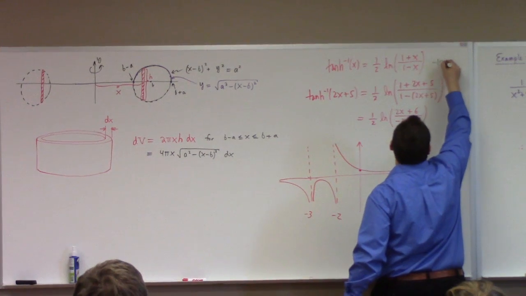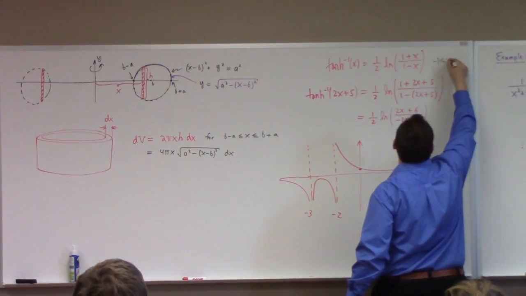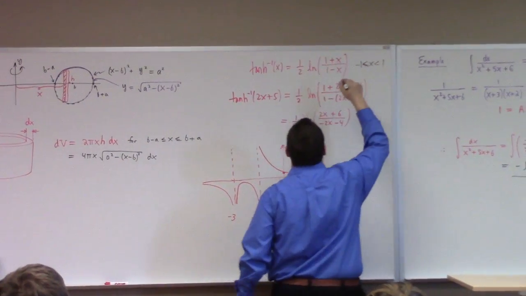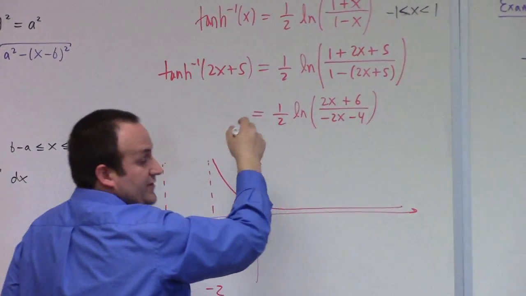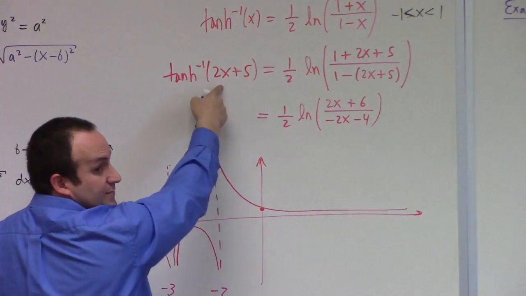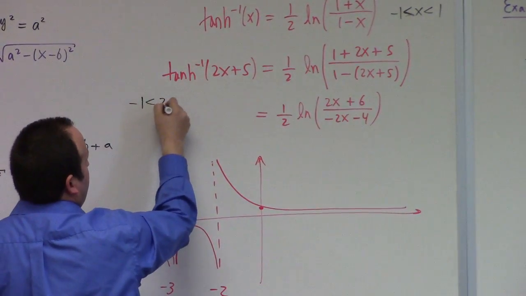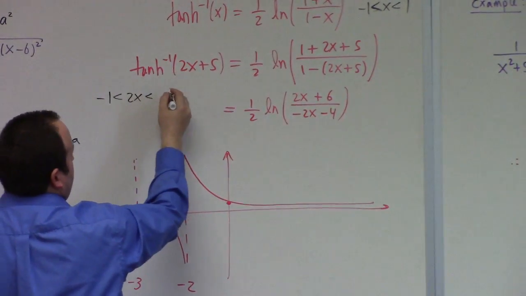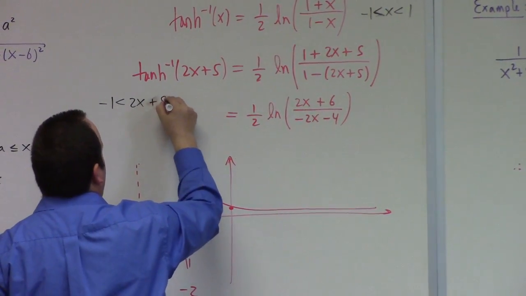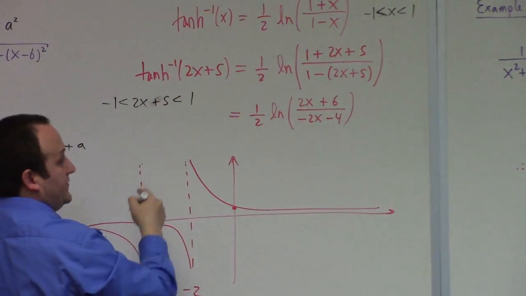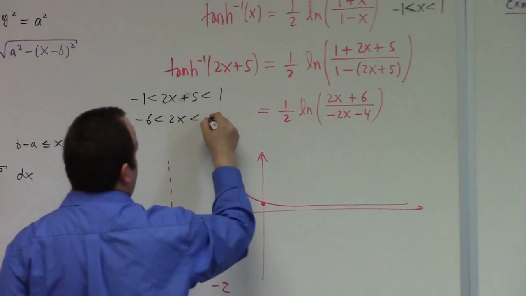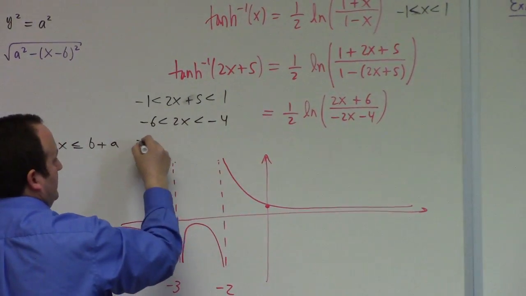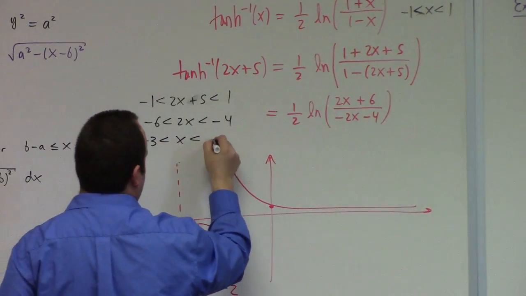So what that would mean for this application, we would mean -1 less than 2x plus 5, less than 1, which would give us what? -6 less than 2x less than -4, divide by 2, -3 less than x less than -2.